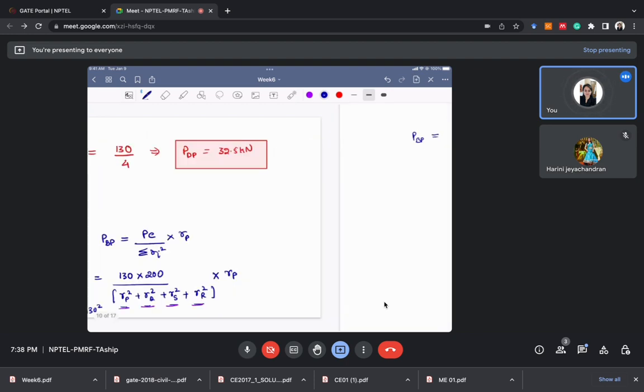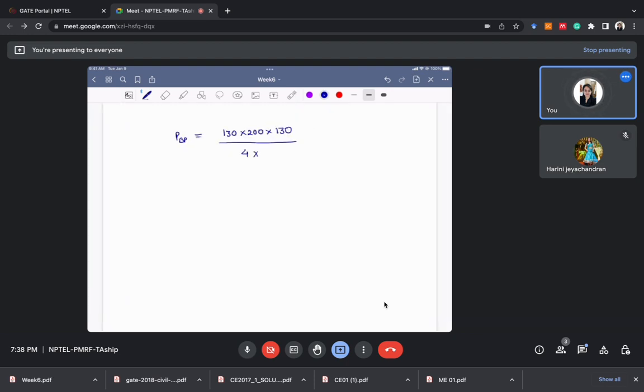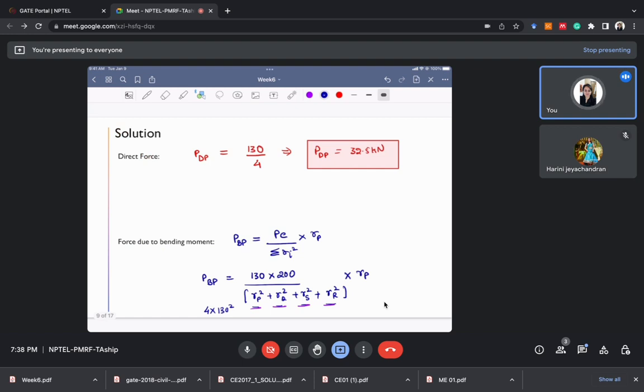Or either you can add it. So 4 into 130 square, and these two 130 cancel out with this. So PBP comes out to be 50 kilonewton. Simple. So this is the value of PBP we got. Now we know the value of PDP also and PBP also.